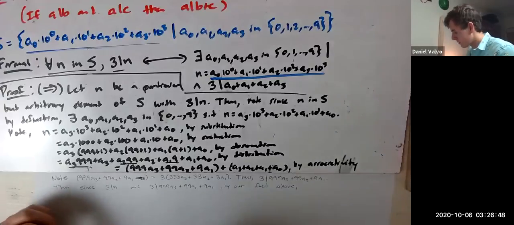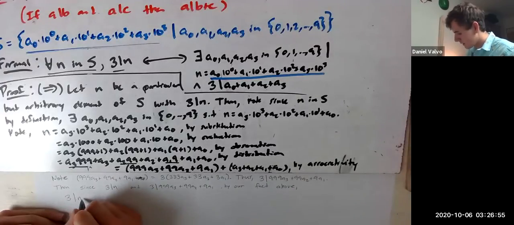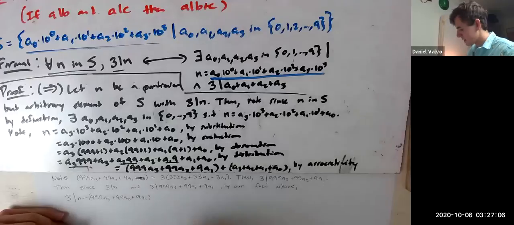By that fact above, 3 must divide n minus 999 A3 plus 99 A2 plus 9 A1.